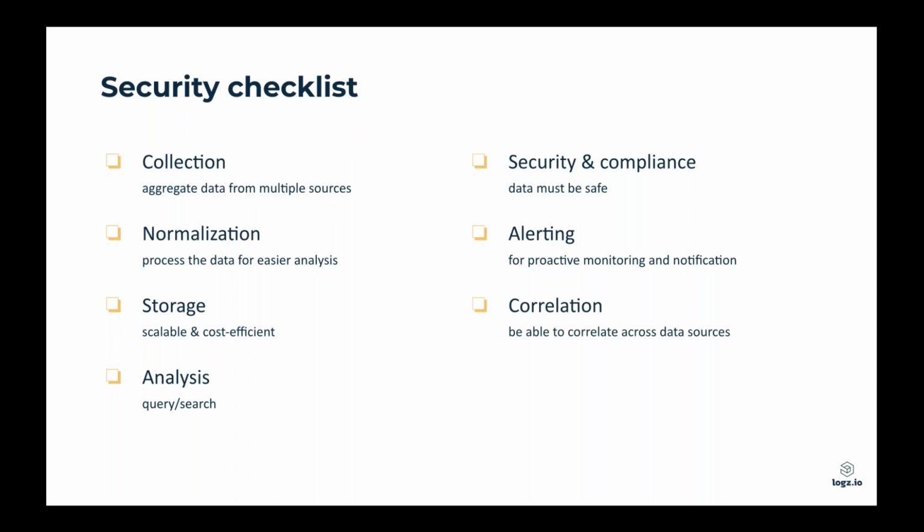So correlation rules are, of course, a very important ingredient in security analytics and security operations. And last but not least, ideally, the solution has to be able to help us become aware of possible threats, just so we're better equipped to defend our organization, or in other words, threat intelligence.